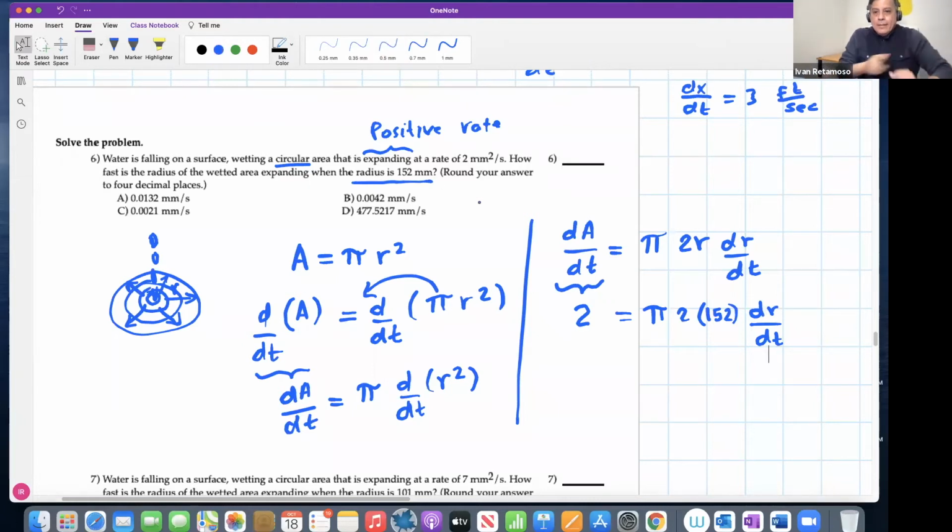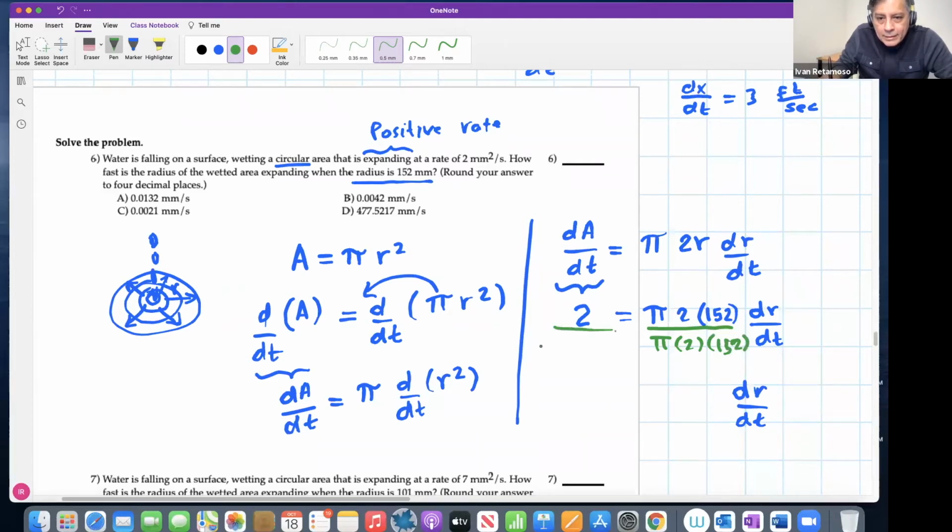So at that point, this shouldn't be difficult, because next you simply divide both sides of this equation, in order to isolate dr/dt, by whatever you have next to it. In this case, it is pi times 2 times 152. I'm going to divide both sides of this equation by this quantity, pi times 2 times 152.